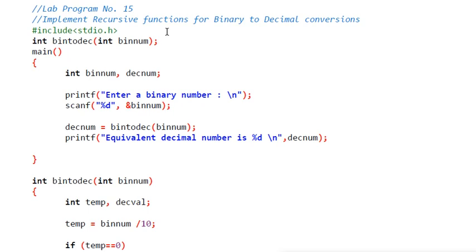It is written so that one particular task is kept in one particular function, so that it can be made independent, and also the program will become more modular, meaning the program will become very easy to understand.